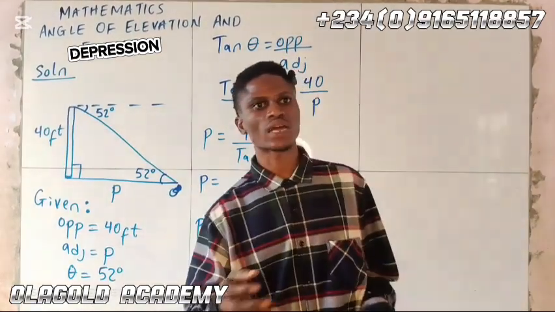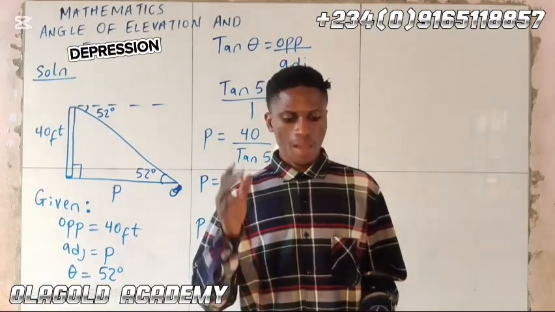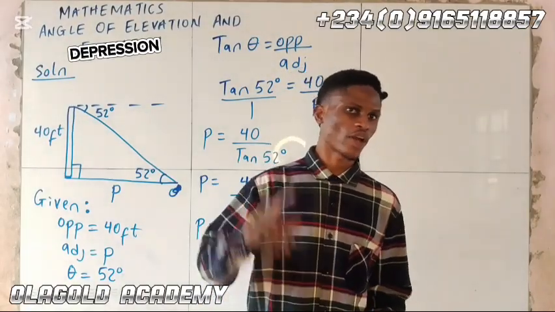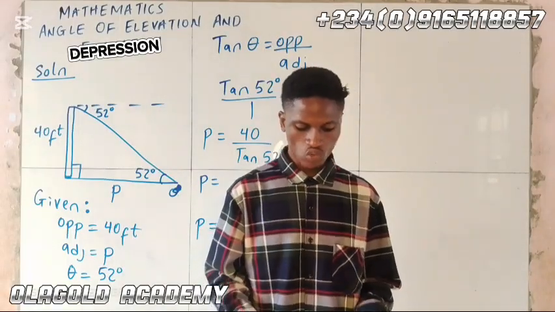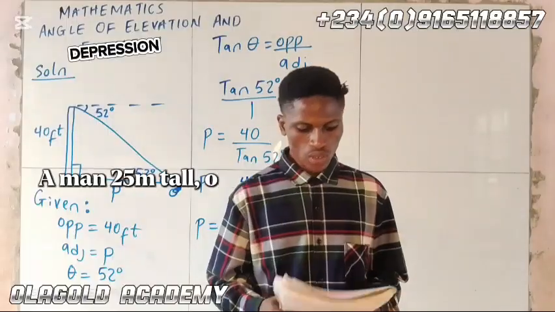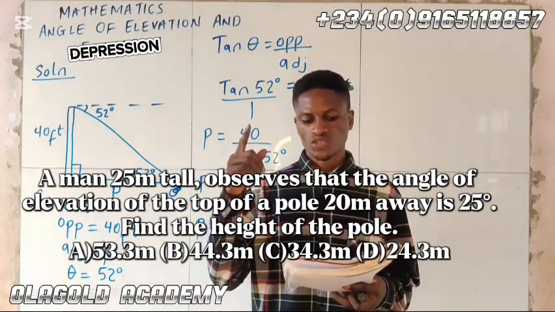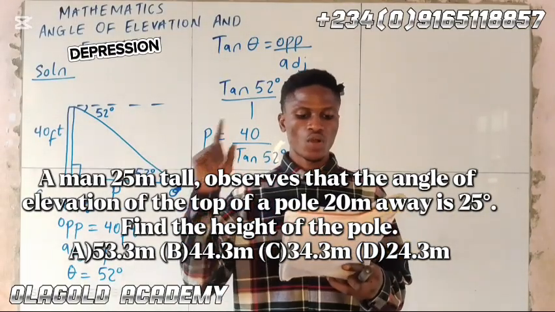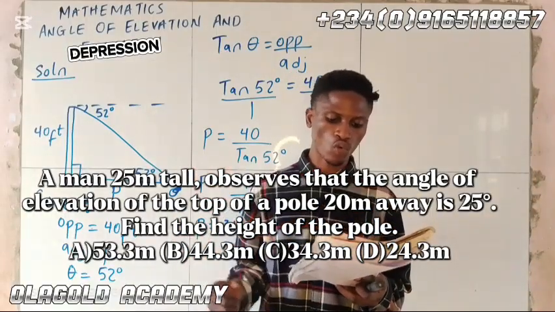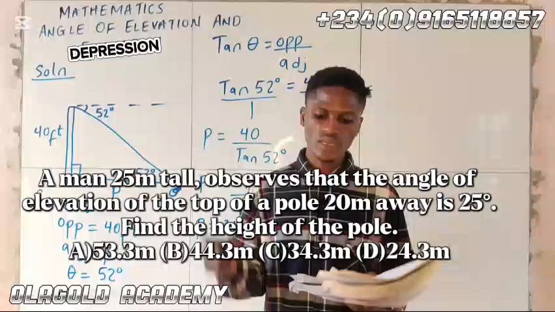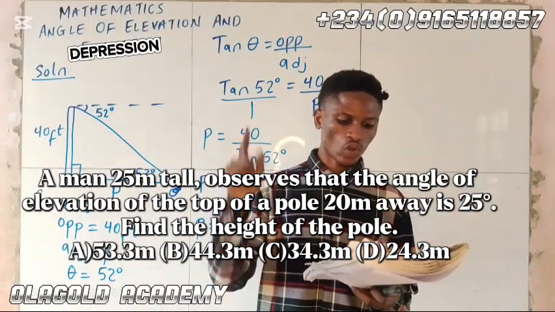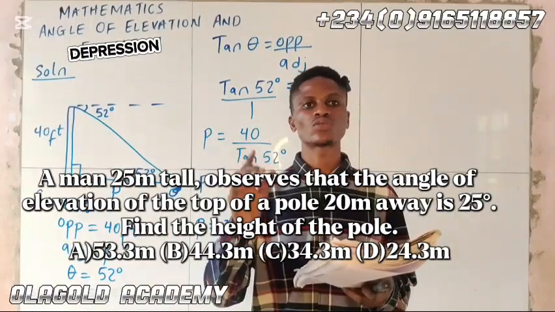So let me give you your own task to solve. I'm giving you a question based on the question that I solved in the part 1 video. A man 25 meters tall observes that the angle of elevation of the top of a pole 20 meters away is 25 degrees. Find the height of the pole. That is your own task.